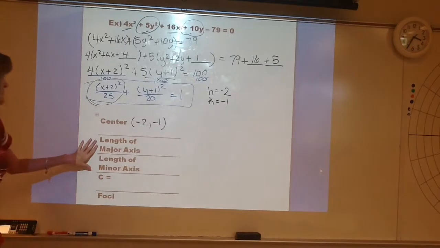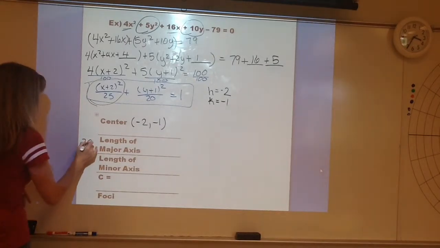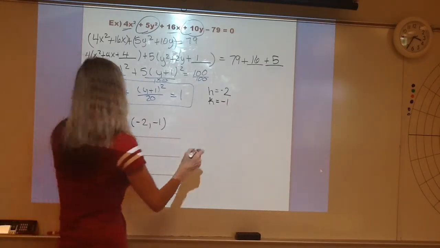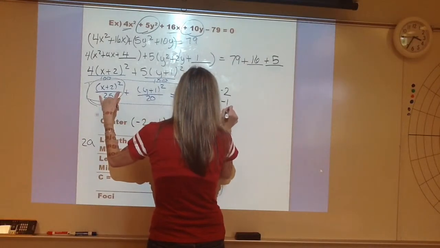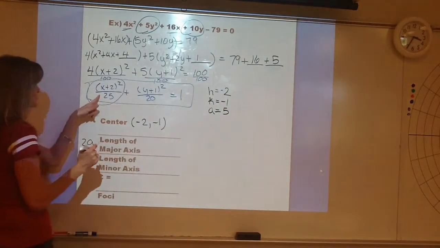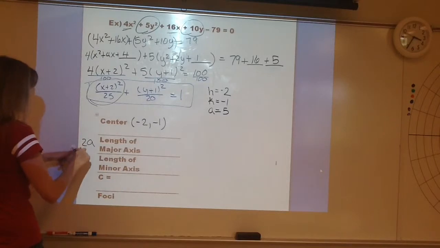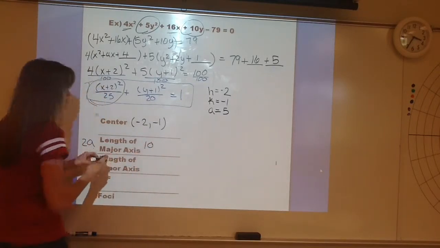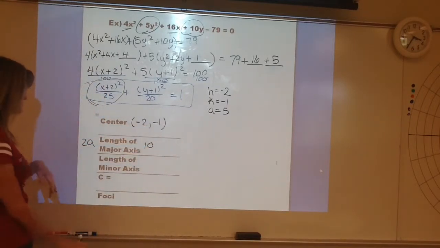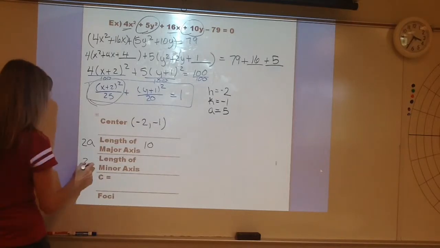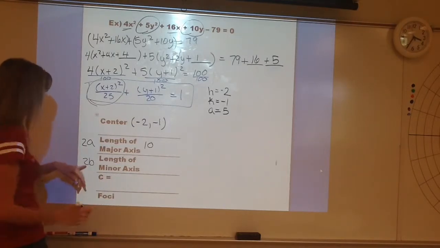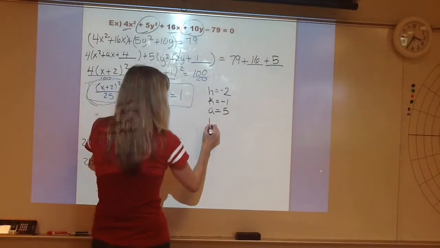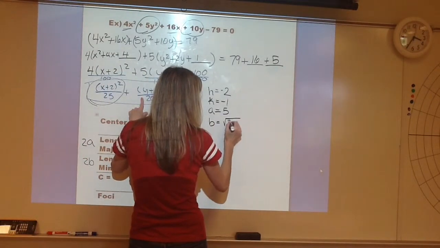All right, the length of my major axis is going to be 2a. And a is the square root of the bigger denominator, so a is 5, because the square root of 25 is 5. So 2 times 5 is 10. So the length of my major axis is 10. The length of my minor axis is 2b. b is the square root of the smaller denominator.